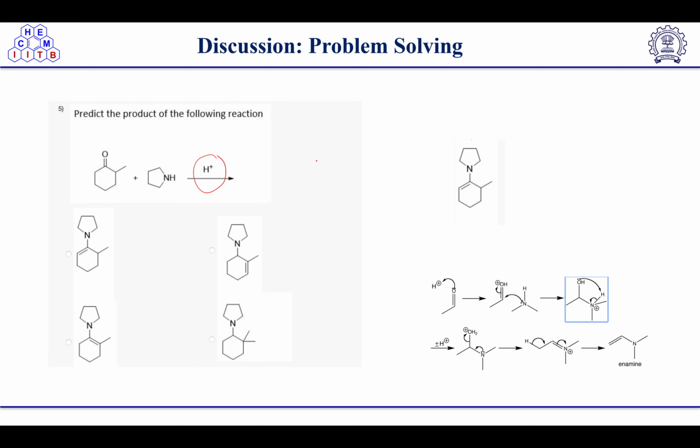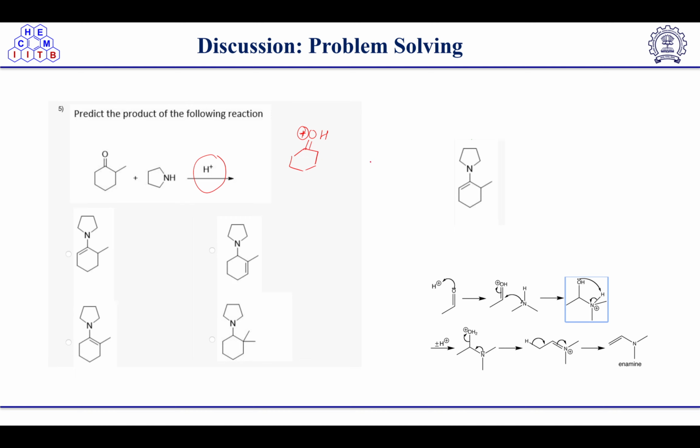So we are going to protonate the carbonyl oxygen here, and an oxonium ion will form over here. Correct? After getting this, now this center has become more electrophilic, right? This center. Okay.